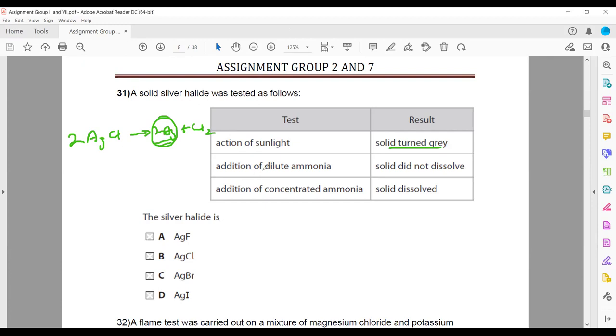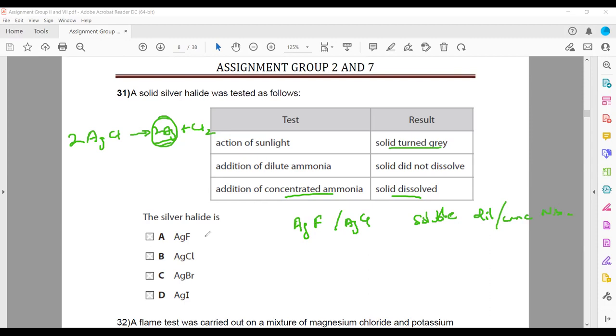Now, what happens if we add dilute ammonia? The solid did not dissolve. But when we add concentrated, the solid dissolves. So remember, silver fluoride and silver chloride both dissolve in both dilute and concentrated aqueous ammonia.